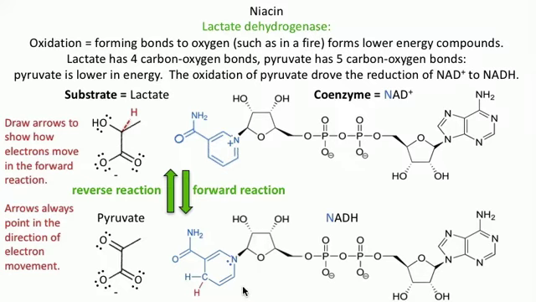And of course, now we have the high energy hydride on this ring. And the ring would like to kick off that high energy hydride in order to form a more resonant, lower energy aromatic compound. Now, can you go ahead and draw arrows to show how the electrons on the hydrogen would move to the NAD plus to form NADH?